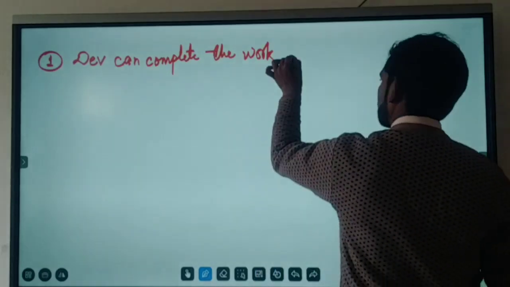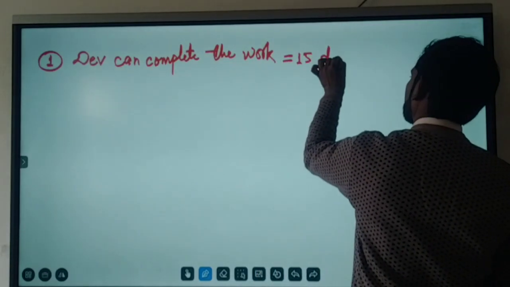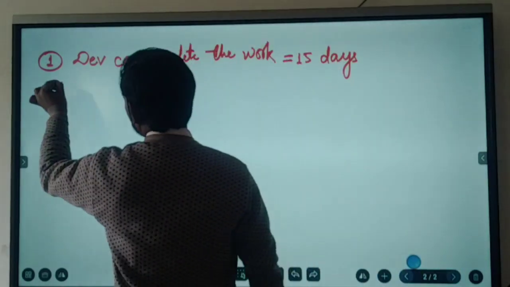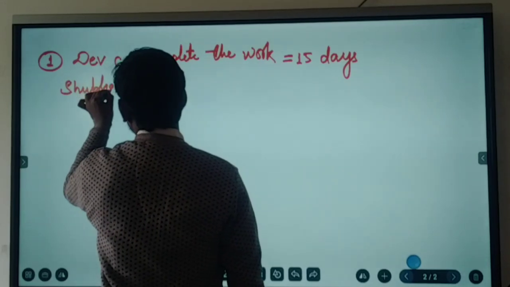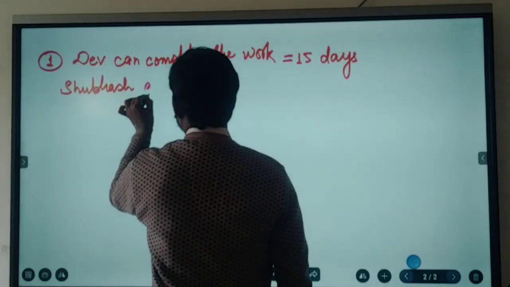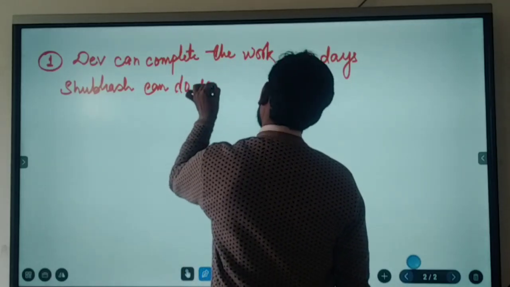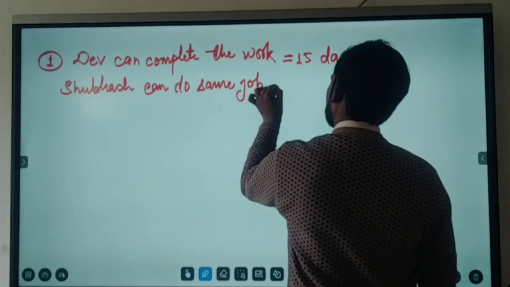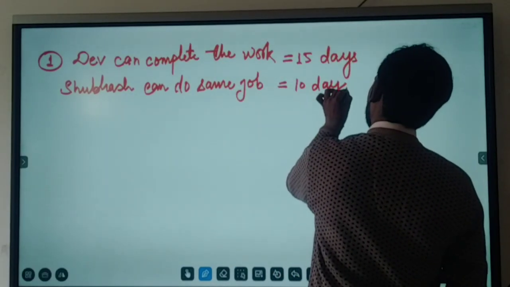Dev can complete the work in 15 days, and Subhas can do the same job in 10 days.